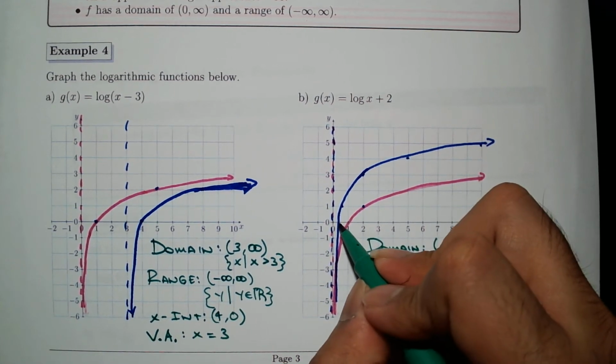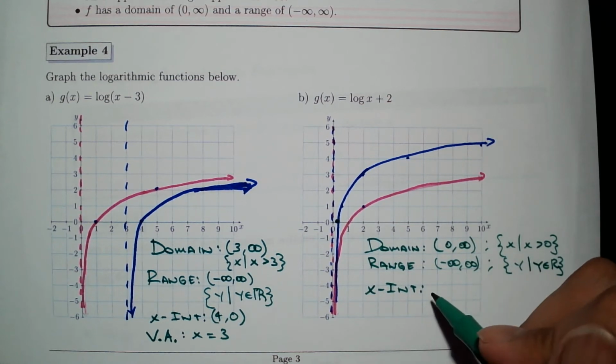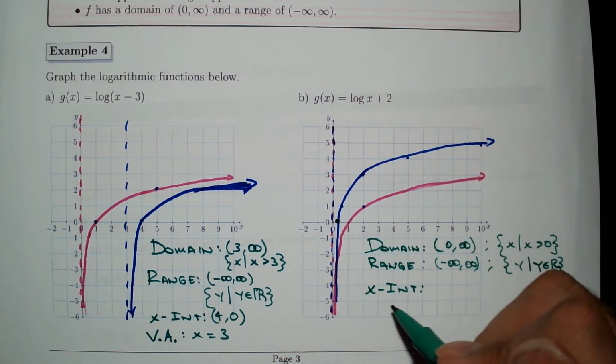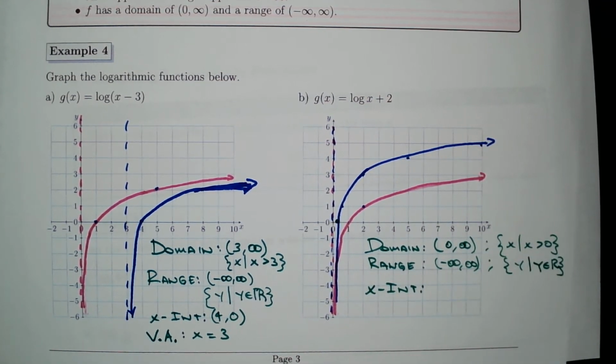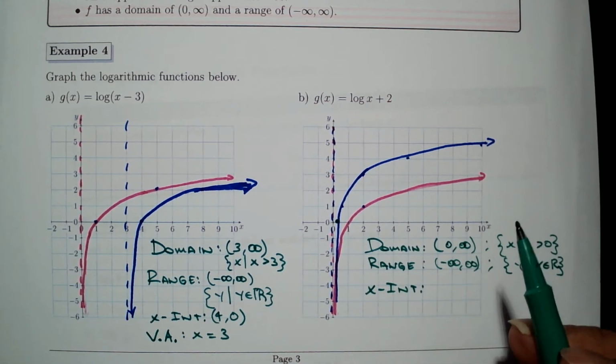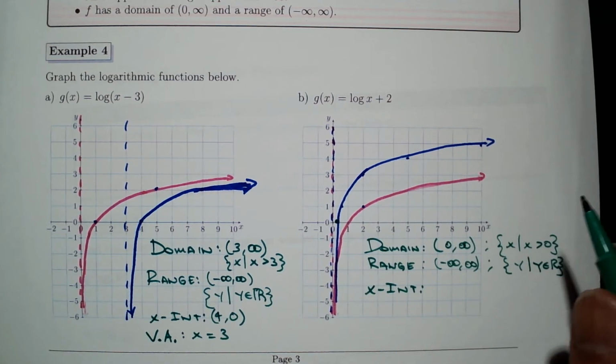It's going to be a different number here. How are we going to find that x-intercept? I think I'm going to come back to this later. I'm going to go back to this page in a further video to show you how to find the x-intercept for this.